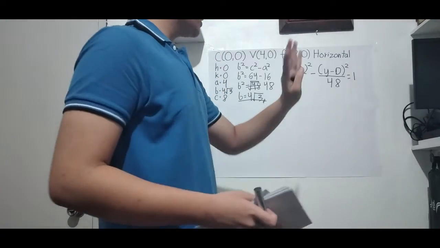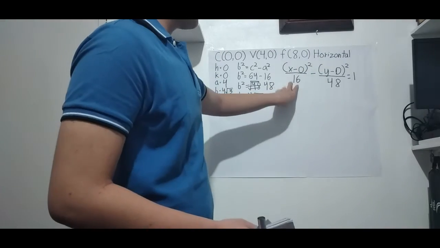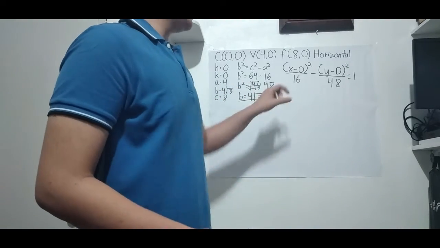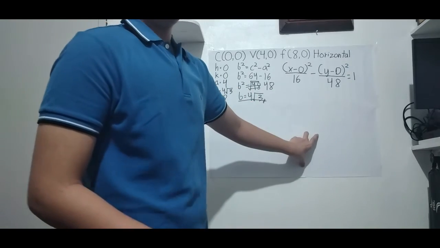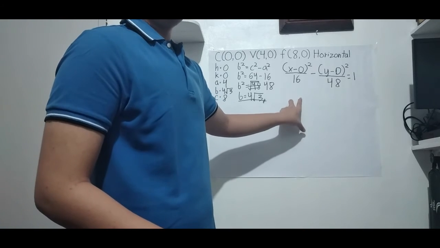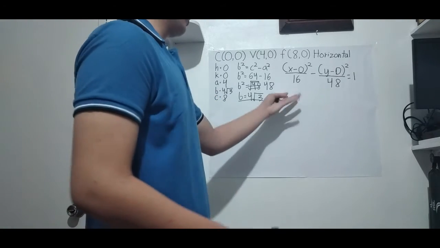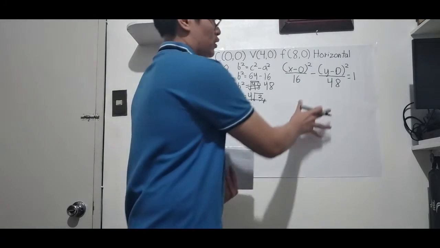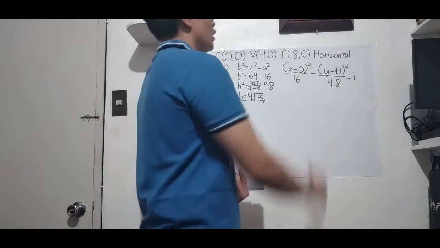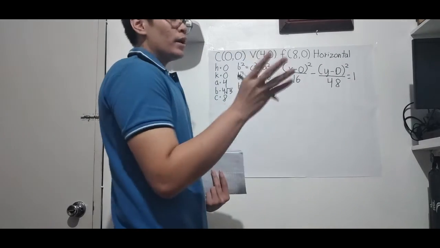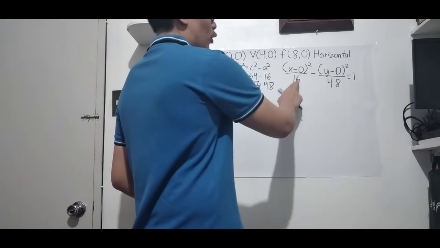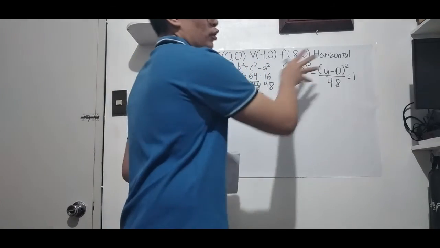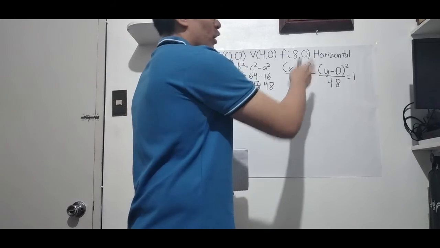As I said last time, I really don't have space, so I cannot write the full standard equation, so I skipped that part. The standard equation would be 4 squared and 4 square root of 3 squared. So that would be your standard equation.